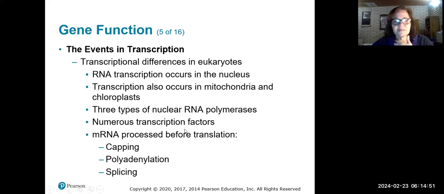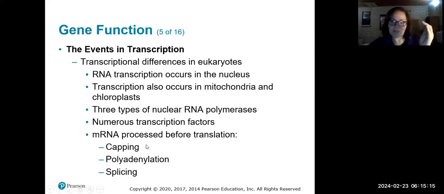We have the three nuclear RNA polymerases, it doesn't matter, and a bunch of transcription factors, things that are going to make it happen more readily. And then here's one difference with eukaryotic RNA processing. There's some additional steps before we get to the translation step.